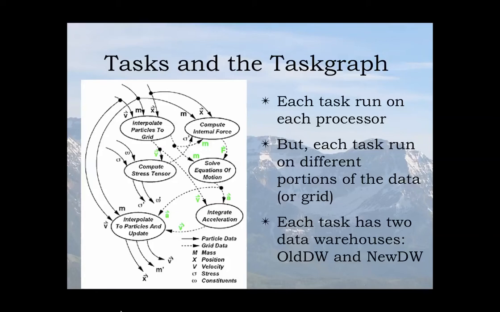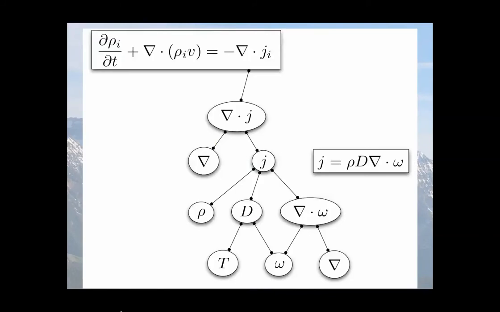You can think of this tree. If we want the density and nothing's calculated it yet, we can use the density from the previous time step, or from the old data warehouse. Or if something's already calculated the density, then we can use the density from the new data warehouse.